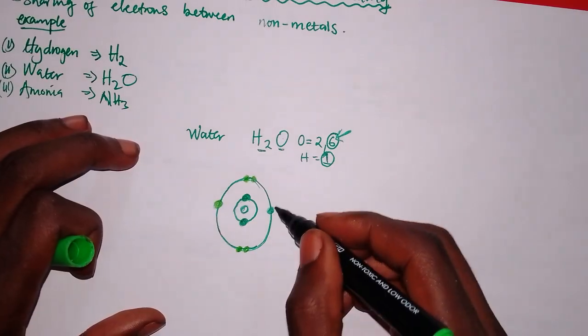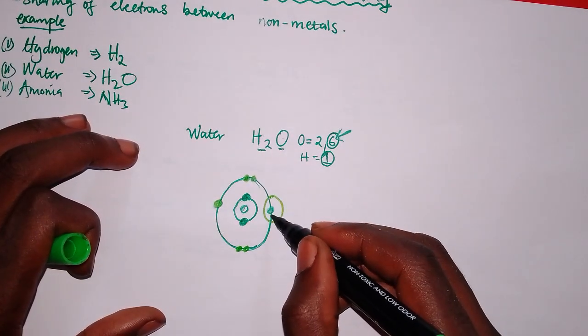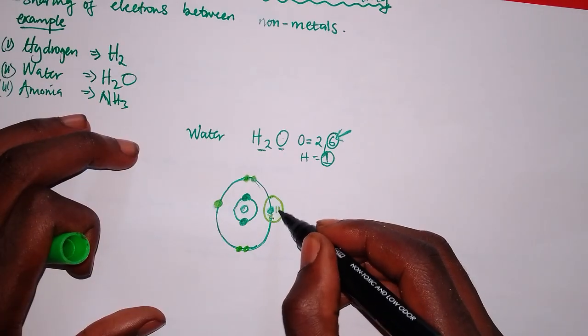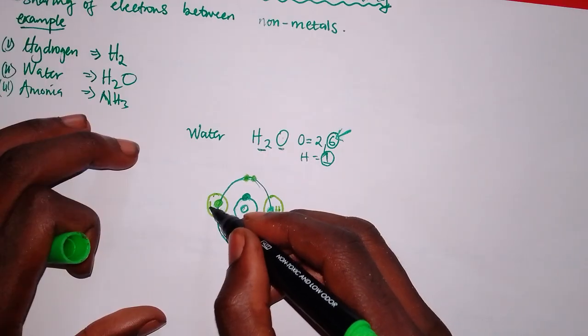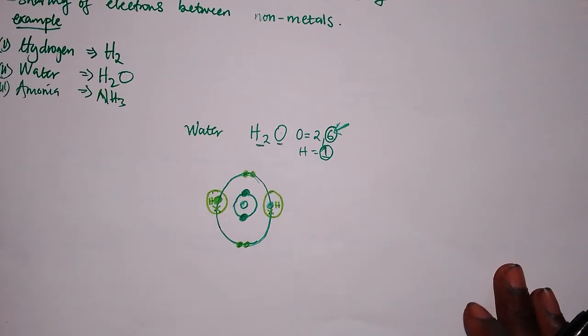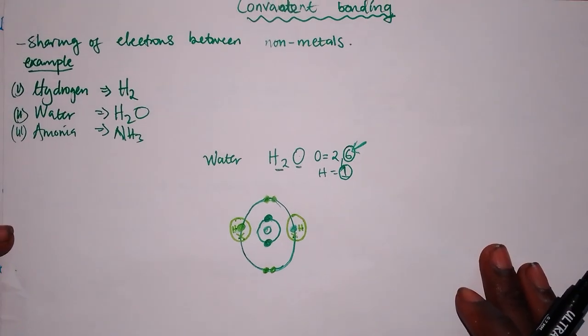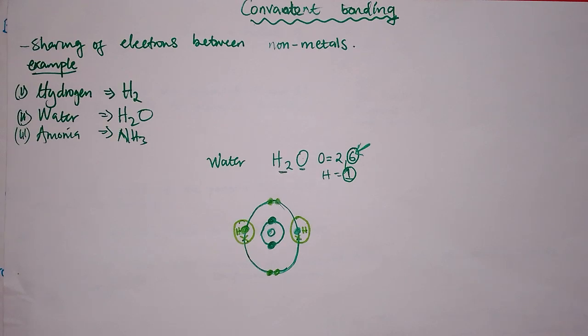Since hydrogen only needs 1 for it to be full, you say 1 here for hydrogen, and also 1 here. Once you have drawn it like this, you have represented water as a cross and dot diagram.